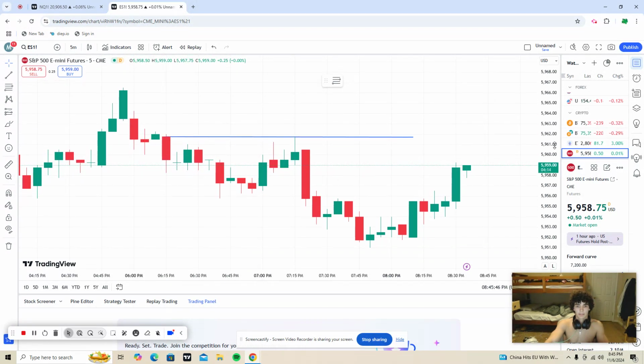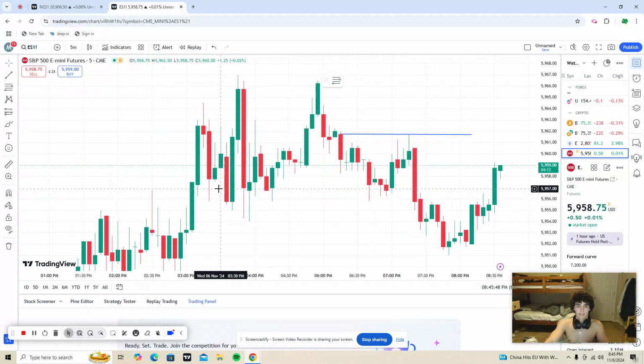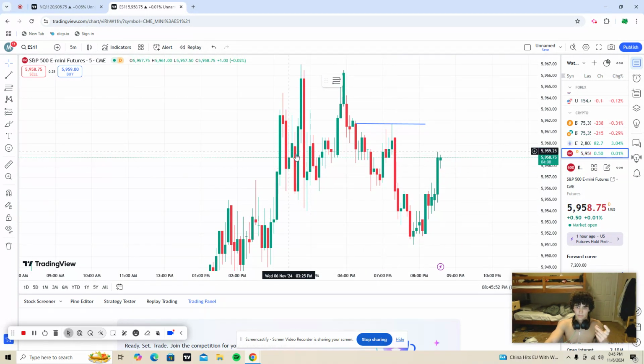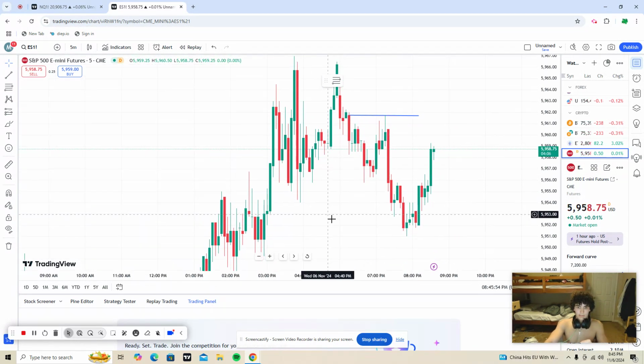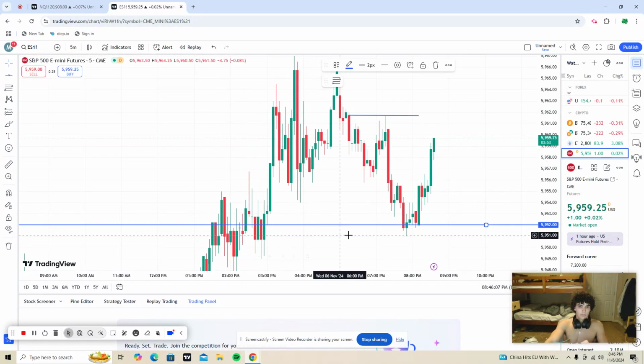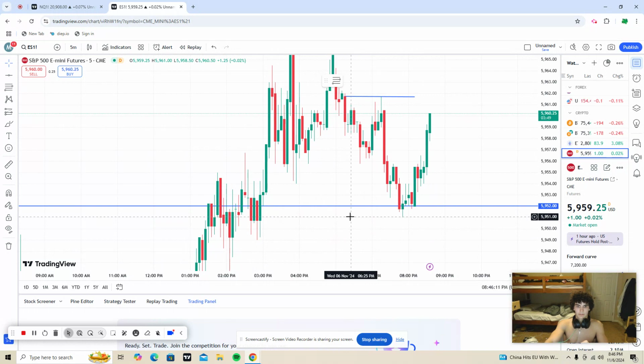You can see where price tapped that breaker and got sent down. You can use it as an inequality like a fair value gap or an inverse fair value gap. Price got sent down off that, and then we took out this level of liquidity down here, swept it perfectly, and then we bounced.